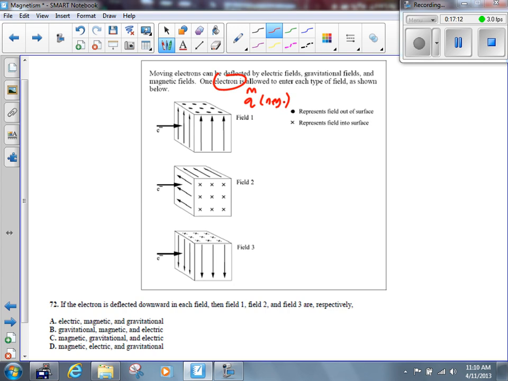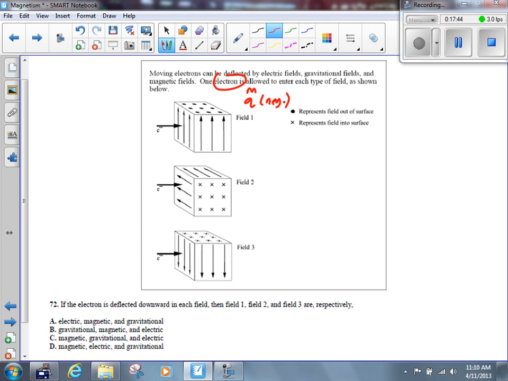We know that it will also be influenced by an electric field, whether it's moving or not. Now, it will experience a magnetic field, and therefore a magnetic force, if it's moving. We've got a charged particle, an electron, in all 3 cases here that's moving. So in all 3 cases, we're going to experience a magnetic force, a gravitational force, and an electric force. The only question is, in these 3 diagrams, which field is which?